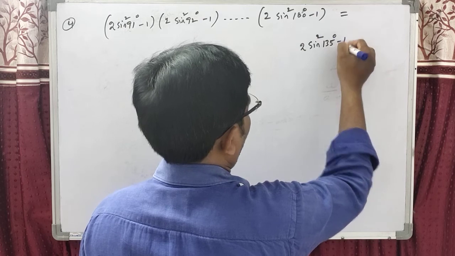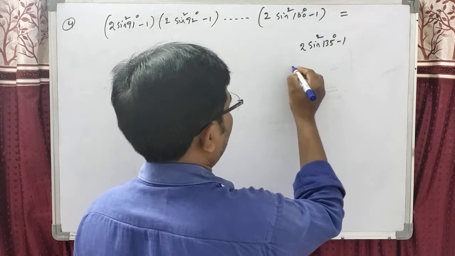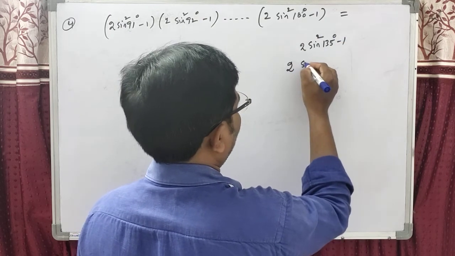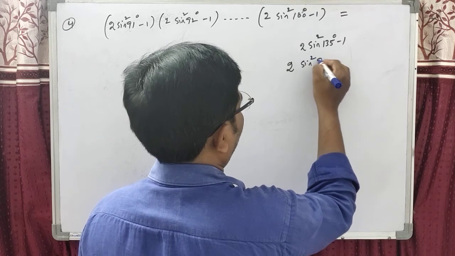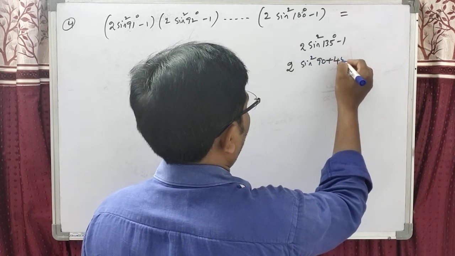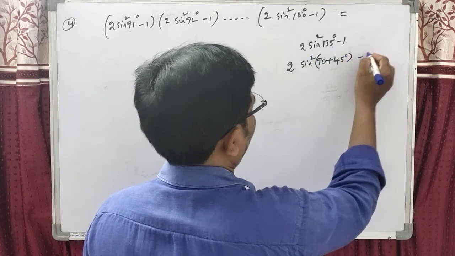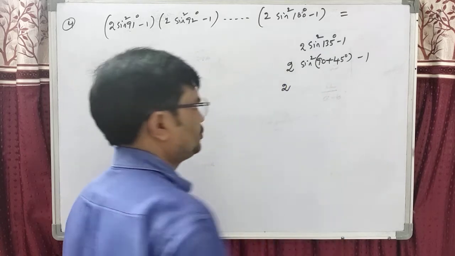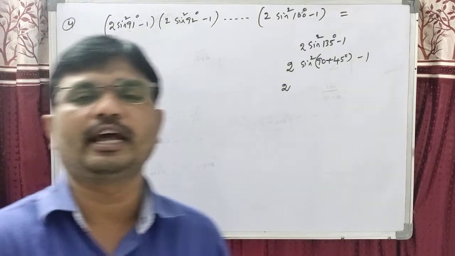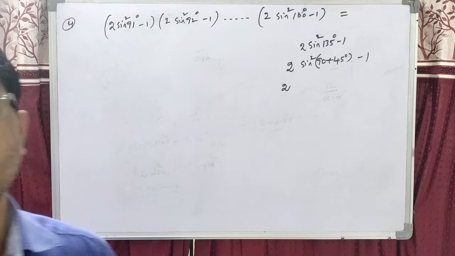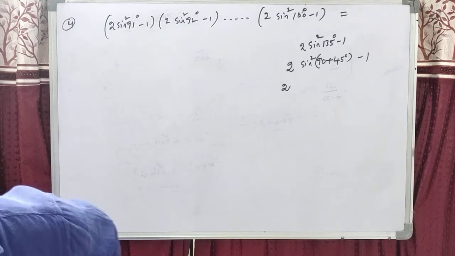135 degrees minus 1. This is 2 into sine square, which we can write as 90 plus 45, minus 1. Dear students, the sine of 90 plus theta is cos theta.